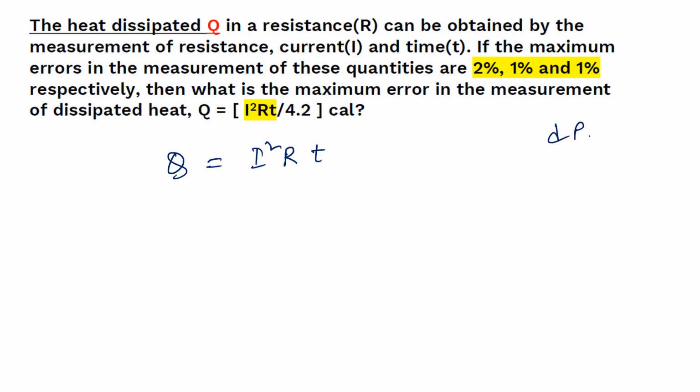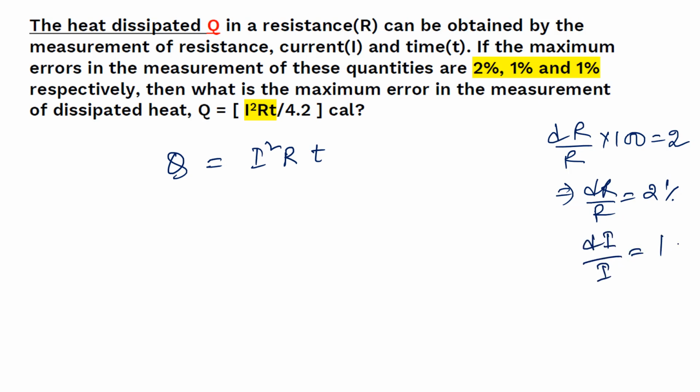So dr upon r multiplied by 100 has a value of 2, or you can say dr upon r equals 2%. For current, di upon I is 1%, and for time, dt upon t equals 1%, right?